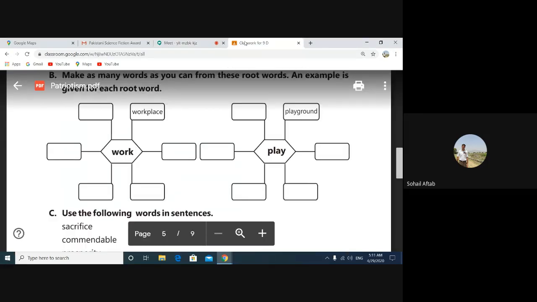Now, second, we have play in the center. That is the root word, and then it becomes playground. Then playland.